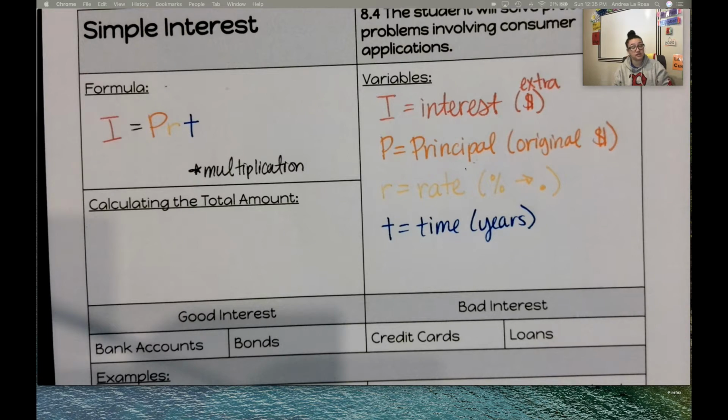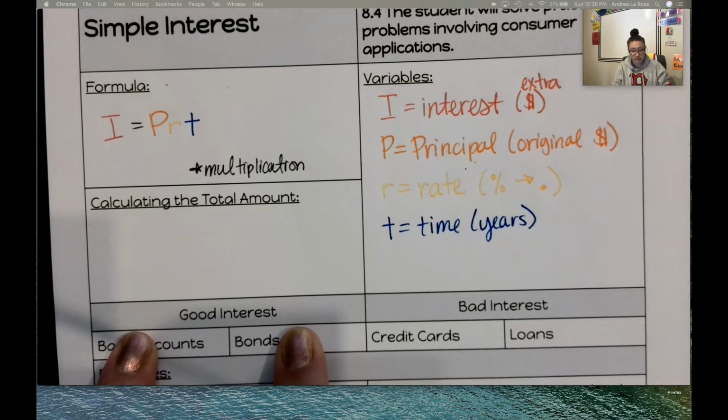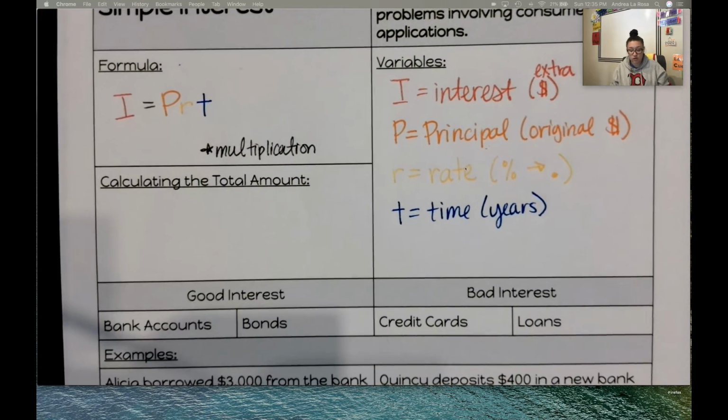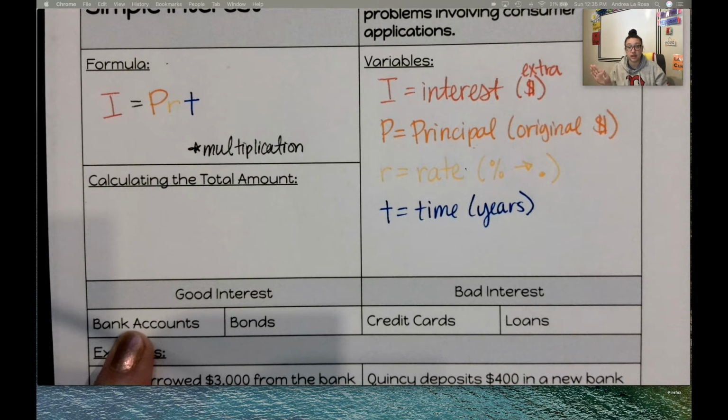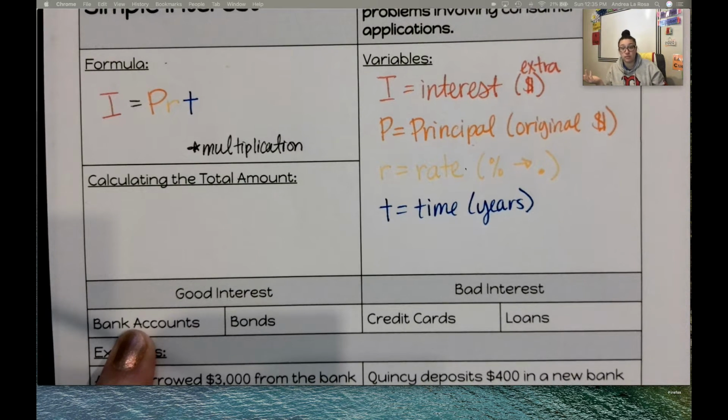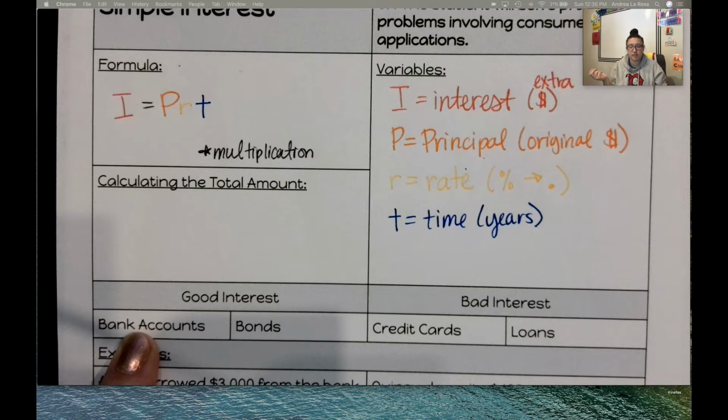Sometimes that extra money is good. If you keep money in a bank account, most banks will give you interest. If you just keep money in that bank account and don't spend it, they'll give you free money just for having money in your bank account. That's good interest.